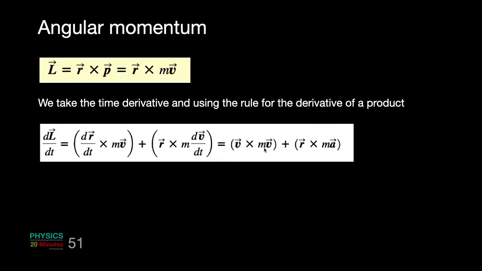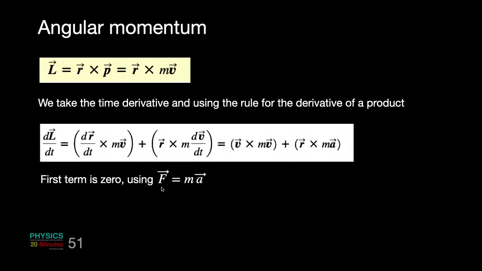Now m is a constant or scalar quantity. So v cross mv means it's actually v cross v. But what is the cross product of a vector with respect to itself? The cross product of a vector with respect to itself is always zero. If you don't know, find out how. But this term will reduce to zero. Only surviving term is this.